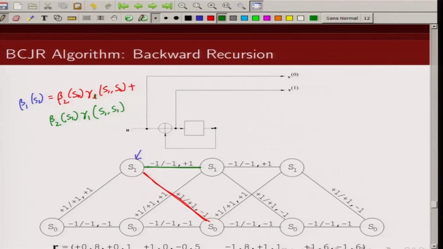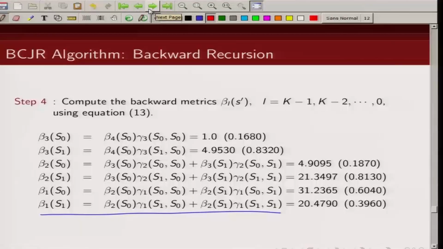The one in green corresponds to this transition, and the one in red is due to this transition. So, beta 1 S1 can be written as beta 2 S0 gamma 1 S1 S0 plus beta 2 S1 gamma 1 S1 S1, and that is what we have.